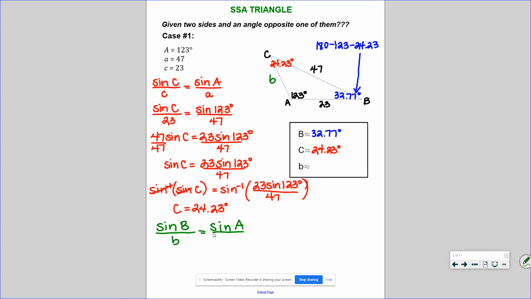I'm going to choose sine B over B because I need to find B, and sine A over A because I already know those. And that's going to look like sine of 32.77 divided by B, because I don't know that, equals sine of 123 divided by 47. Cross multiply and divide, and that will give you your final answer. That should end up being 30.33.